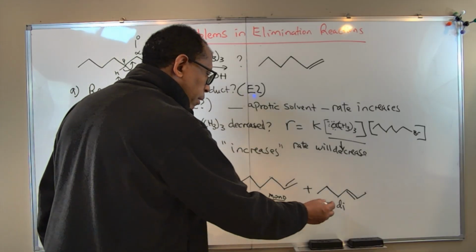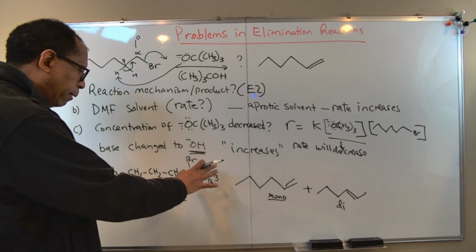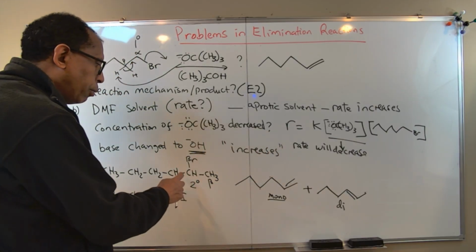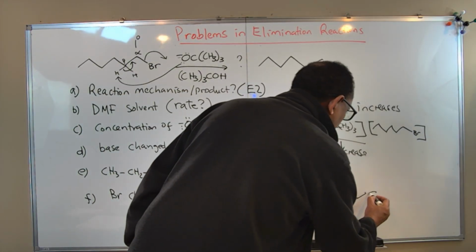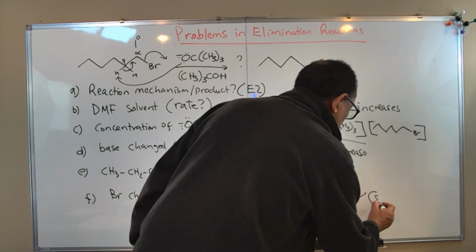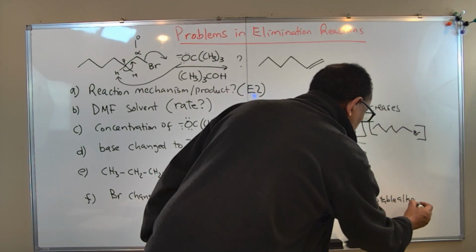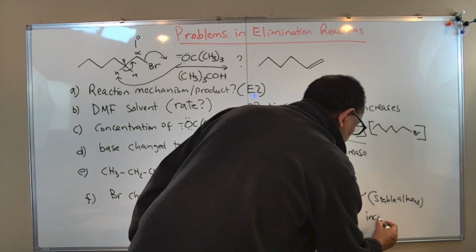So basically, if you are using bromine, the rate at which this is converted into product would get faster, because this is a disubstituted, stable alkene. So the rate of the reaction would increase.